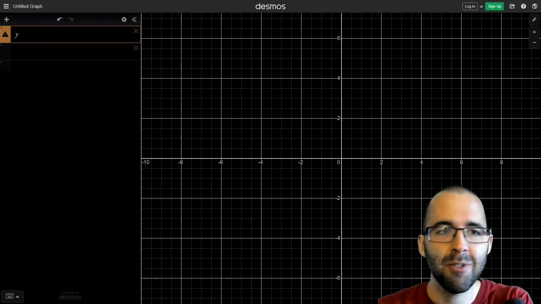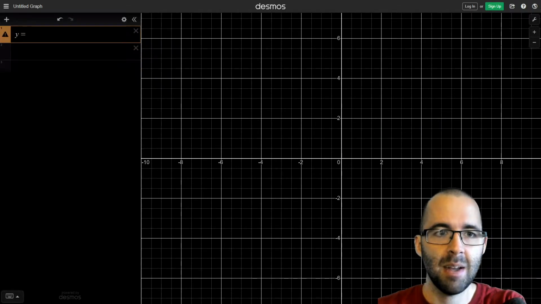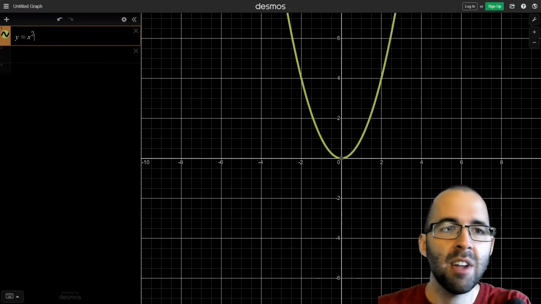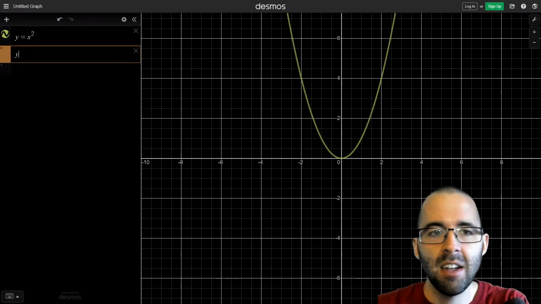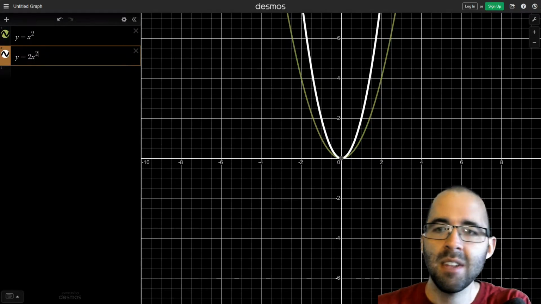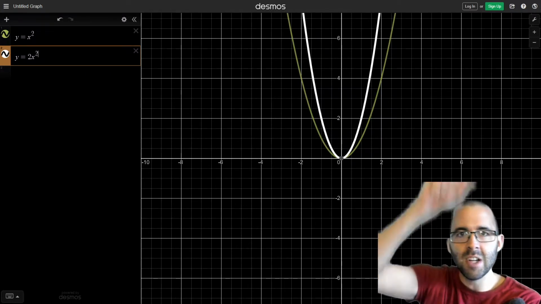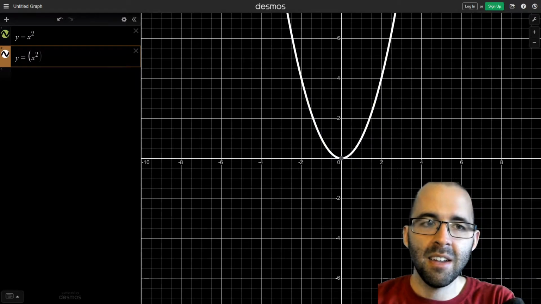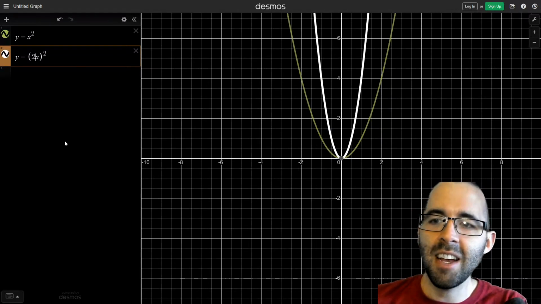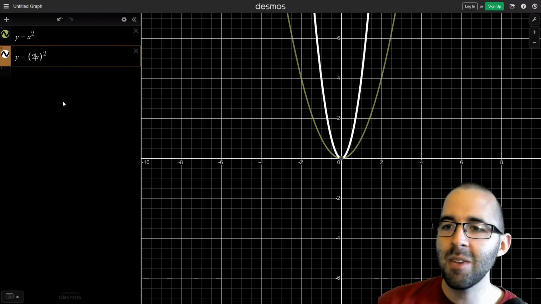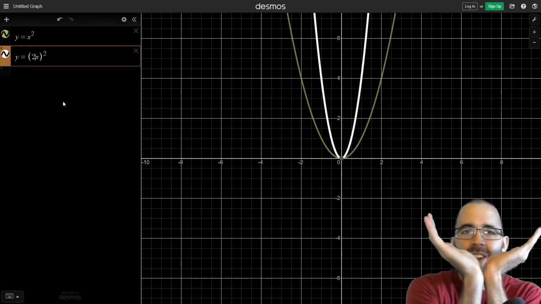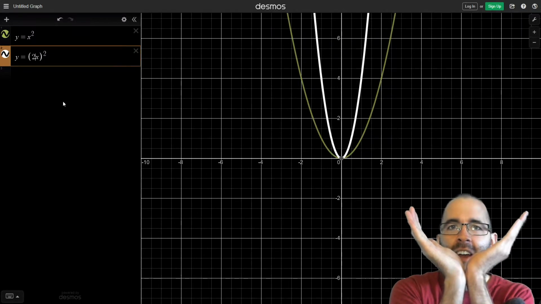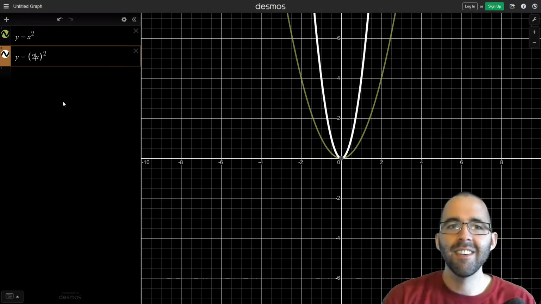Let's look at another function, going back to our good old friend, the parabola, the quadratic. We multiply this on the outside by 2, it vertically stretches it. What if we multiply it on the inside by 2? What happens to the white graph? We have the green graph, and to get the white graph, we just squished it.